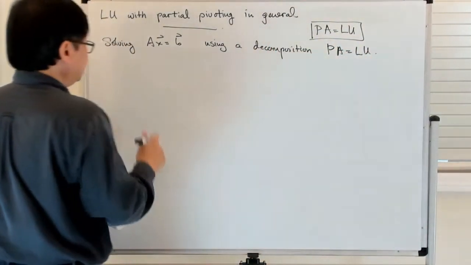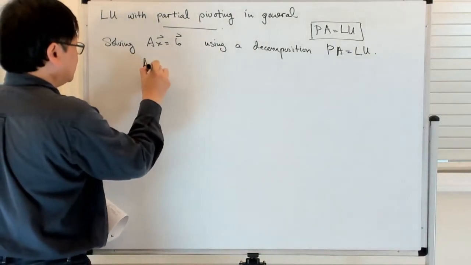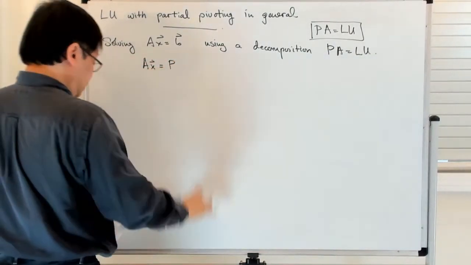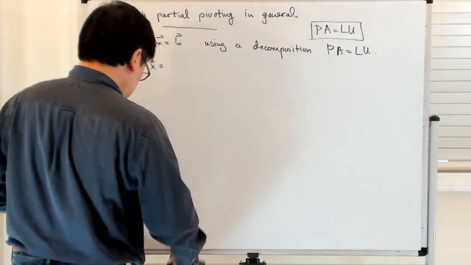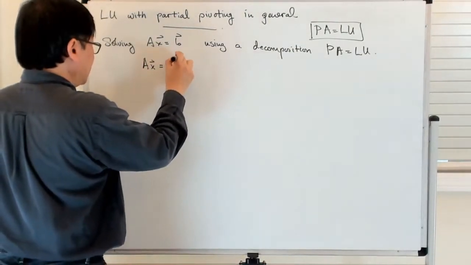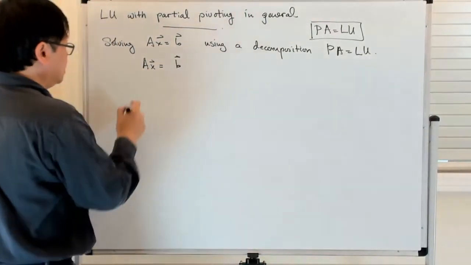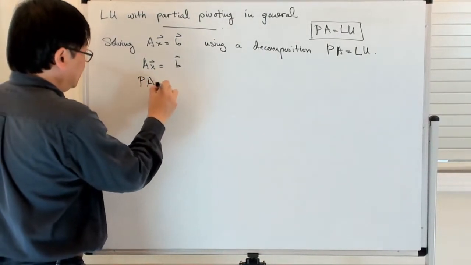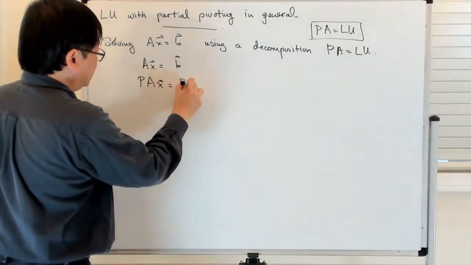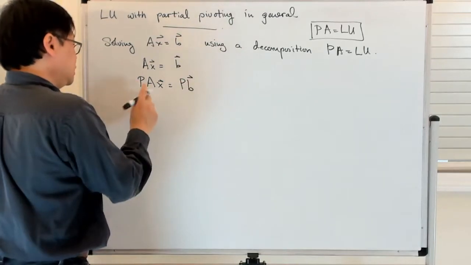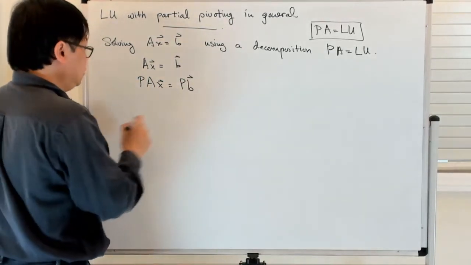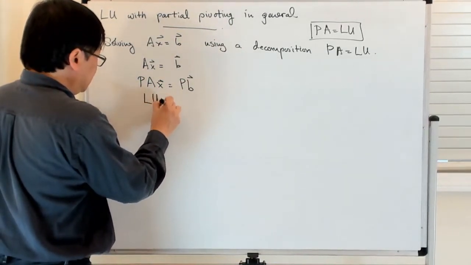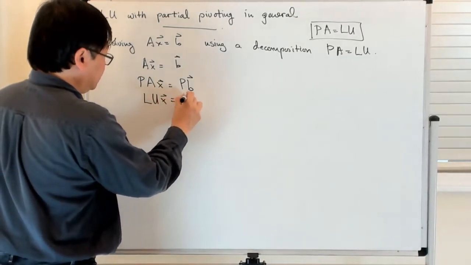What you do is take AX is equal to B and multiply on both sides by the permutation matrix P. So you have P times AX is equal to P times B. Now P times A is LU, so that's L times UX is equal to PB.